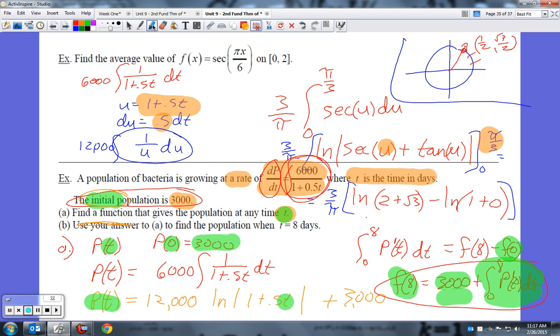All right, so what's the answer on that if you were number crunching? P prime of t is that actual value here, the 6,000 over 1 plus, they gave you the derivative. I got 22,313.255. Let me go and write that down. 22,313.255 is P of 8, the population of the bacteria at 8.